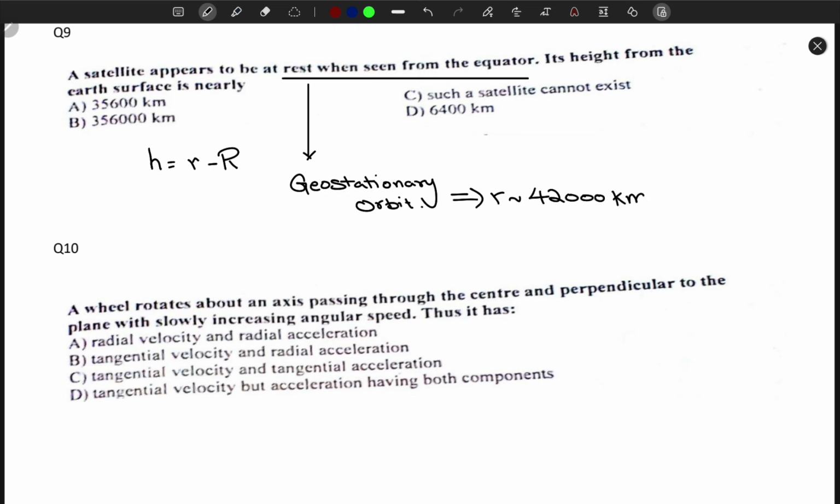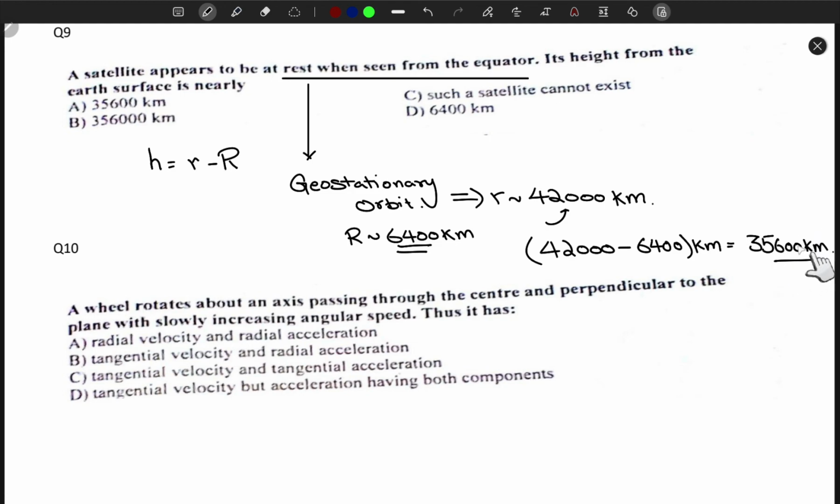42,000 kilometers. Now, what is the radius of the Earth? Well, the radius of the Earth is approximately 6,400 kilometers. So all I have to do is subtract this 6,400 from this 42,000 kilometers, and that's 42,000 minus 6,400 kilometers, which is 35,600 kilometers.